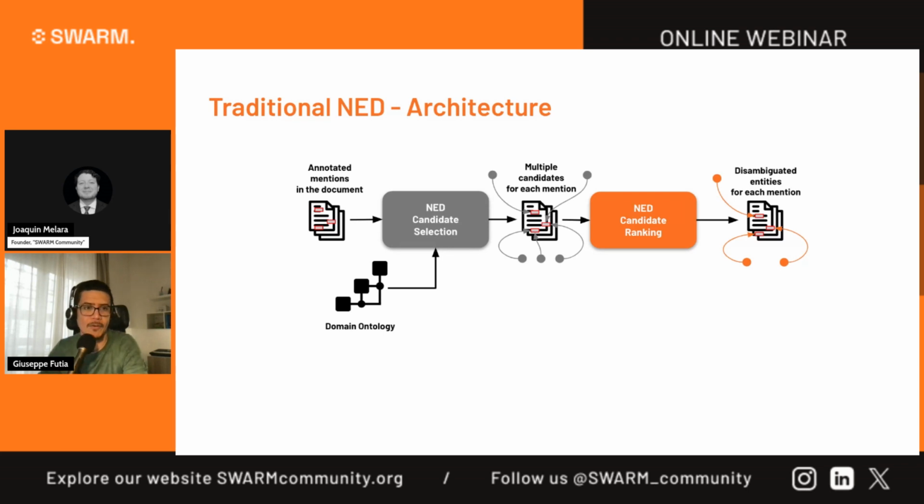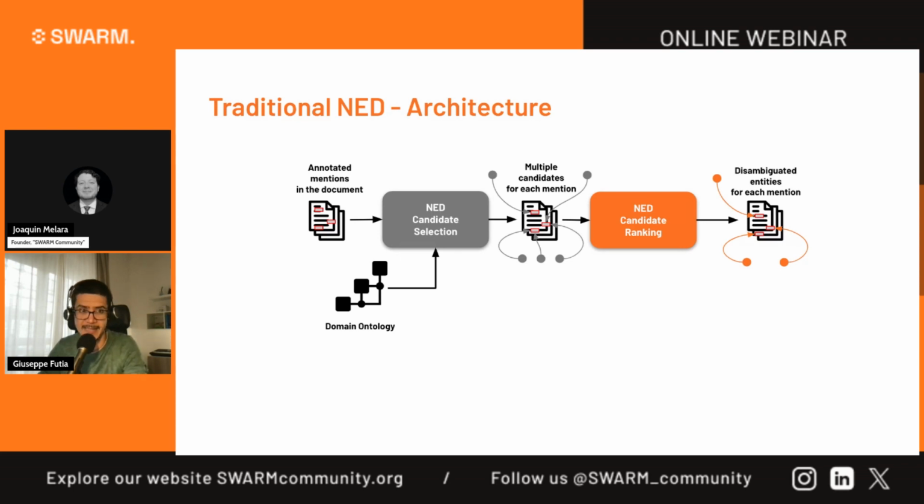So how can we perform this named entity disambiguation? How can we recognize and disambiguate entities that are available in medical text against an existing knowledge base or domain ontologies? This is a simple architecture in which we identify the first step as candidate selection.